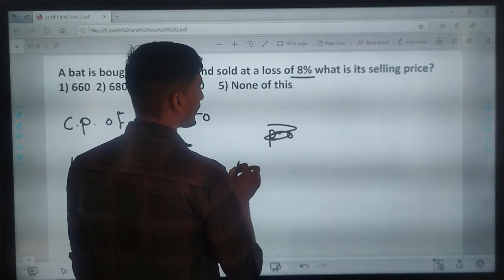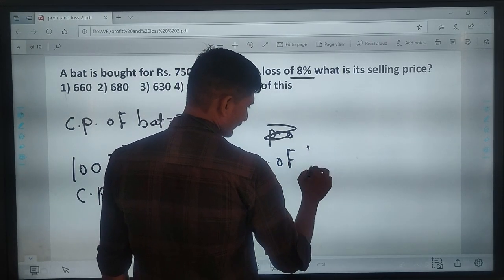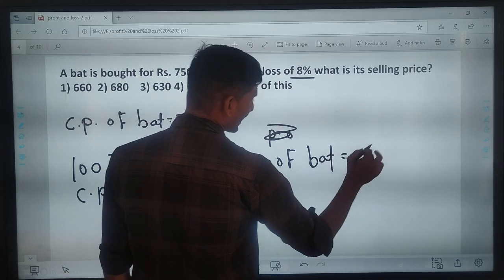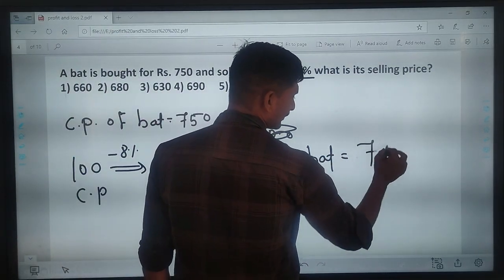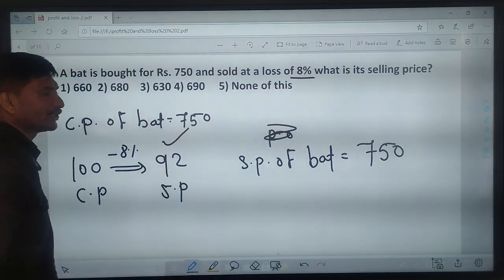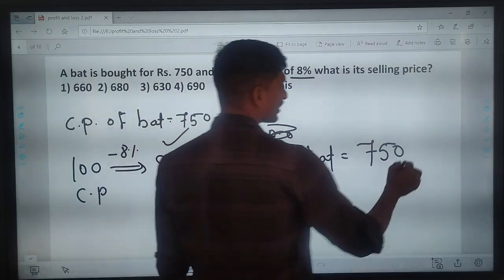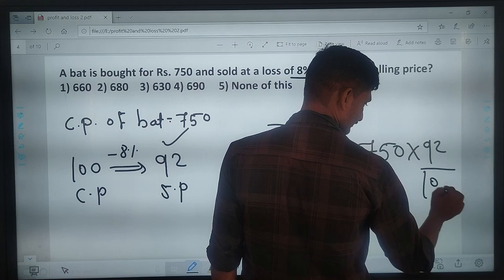Now find the selling price of the bat. Here we write 750. Now we find the selling price. 92 comes in the numerator, into 92 divided by 100.